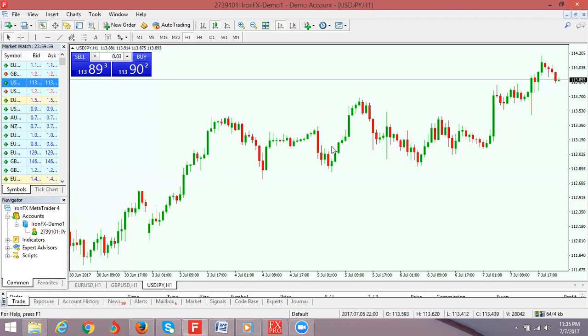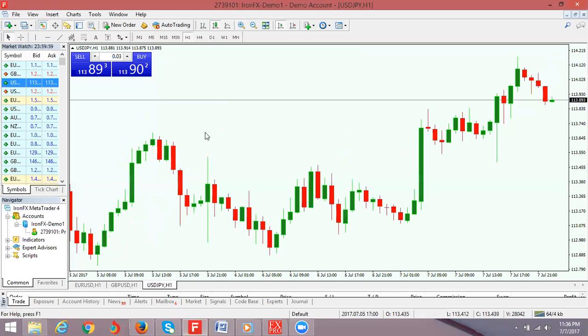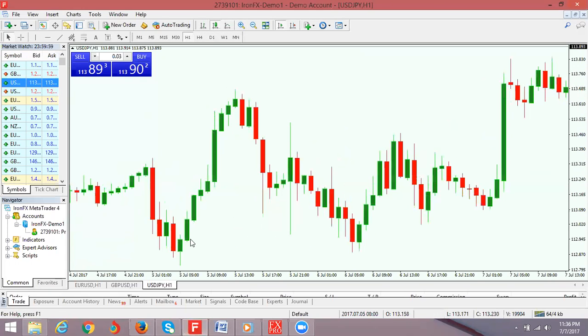We also have these red and green things called candlesticks. I've already mentioned them to you. It used to be all green, and I was able to change it into this. So we have bull candles and bear candles.